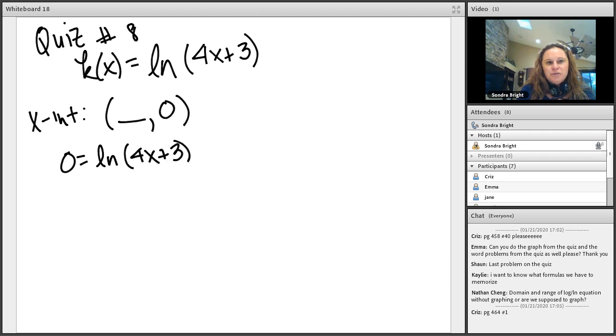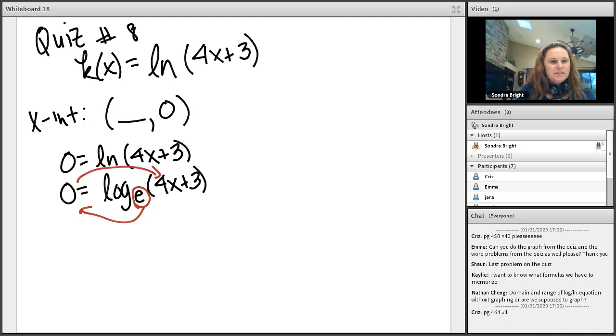Now, natural log is log base e. So I'm going to rewrite it like that so that it's more obvious that you're going to go around the world, and it's e to the power of 0 is equal to the 4x plus 3. And e to the 0, anything to the 0 power is 1.